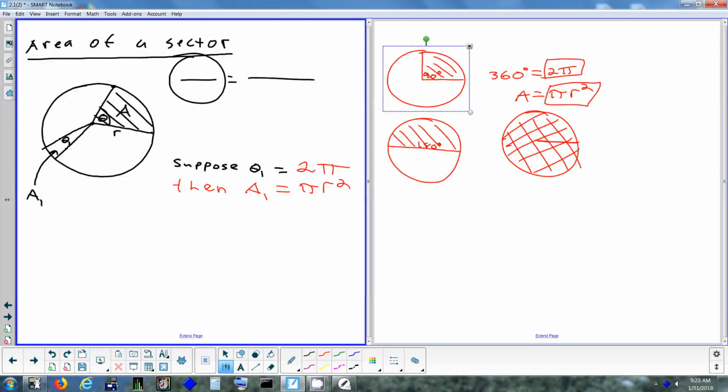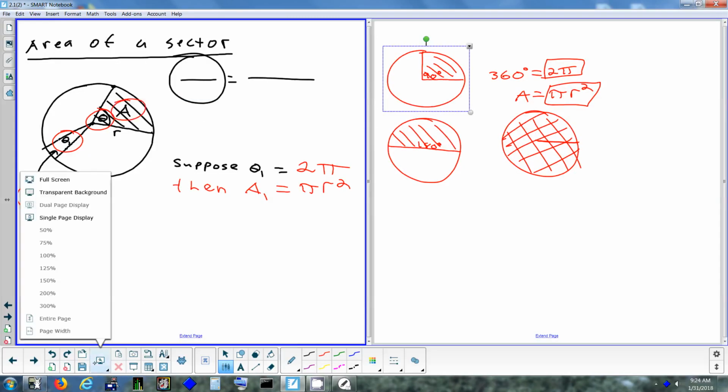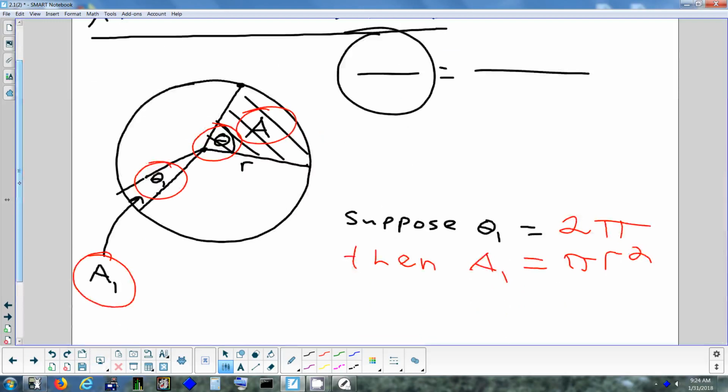I'm not sure how you would figure out what to start with. Okay, so let's set up a proportion. Can anyone give me a proportion involving this, that, and that? And there's lots of ways you can set it up. Just however you do it on the left, you have to be consistent on the right.